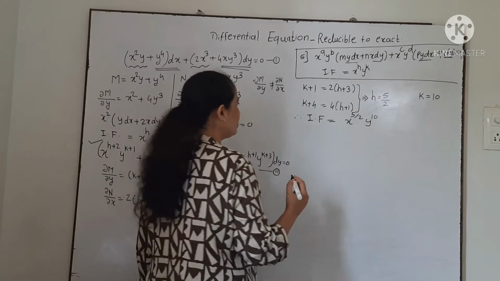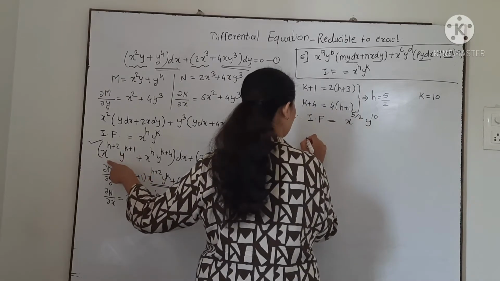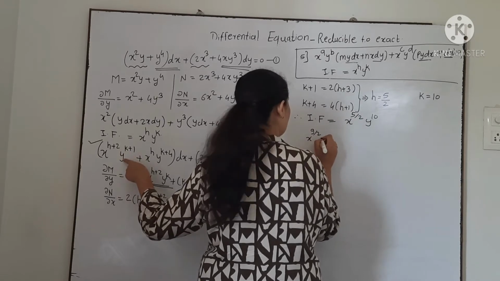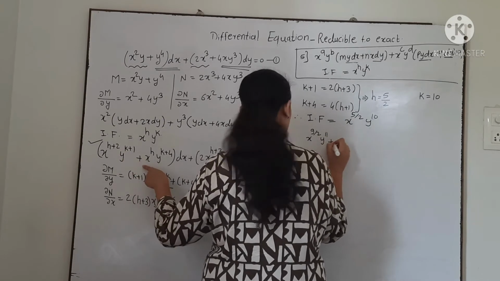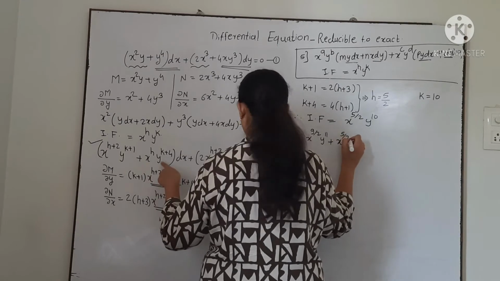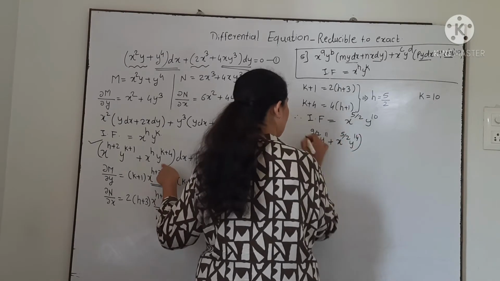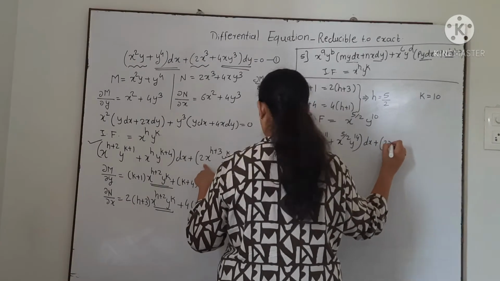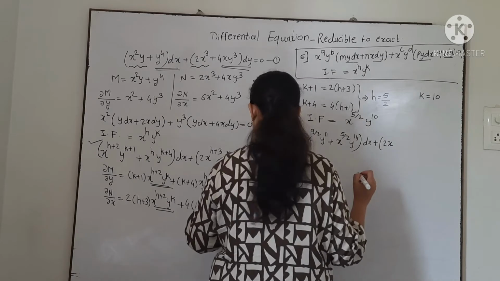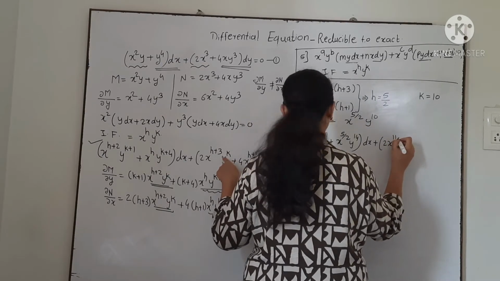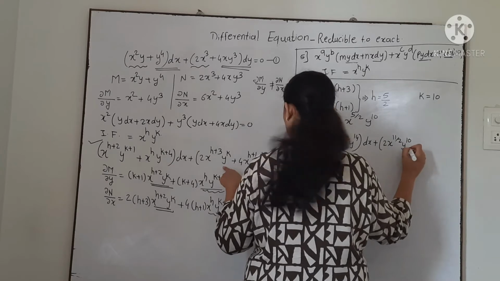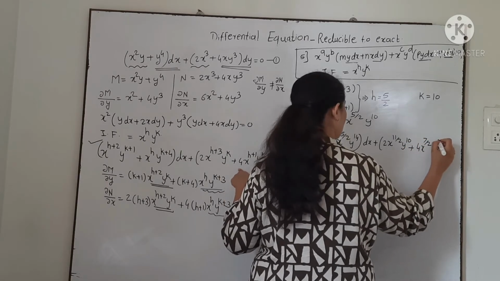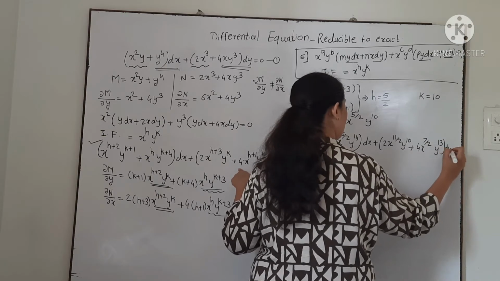If I substitute these values in equation 2, we'll get (x raised to 5 by 2 plus 2, that is 9 by 2, y raised to 11 plus x raised to 5 by 2, y raised to 14) dx plus (2 x raised to 5 by 2 plus 3, that is 11 by 2, y raised to 10 plus 4 x raised to 7 by 2, y raised to 13) dy equal to 0.